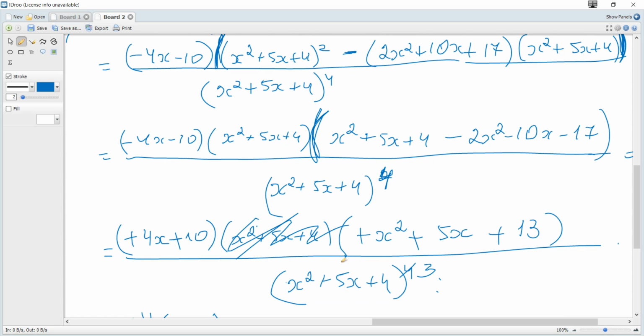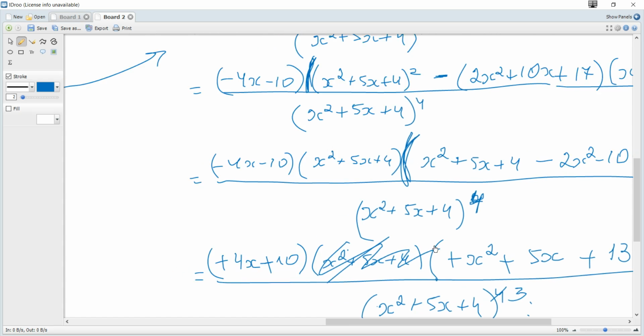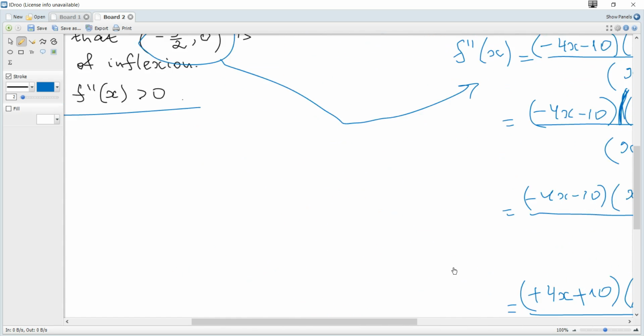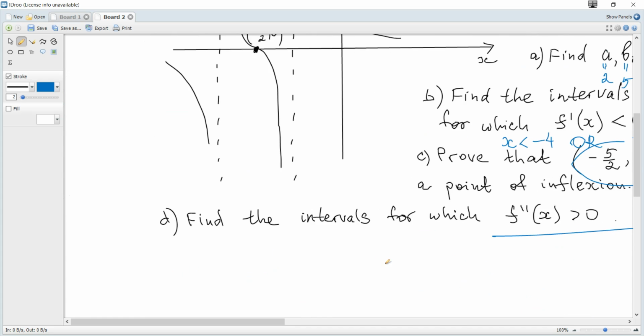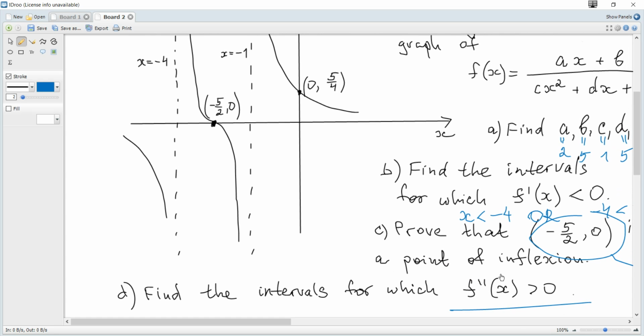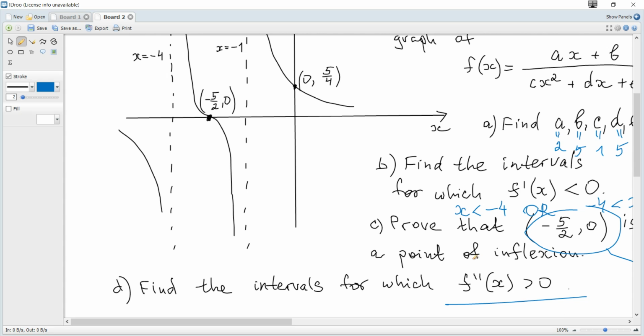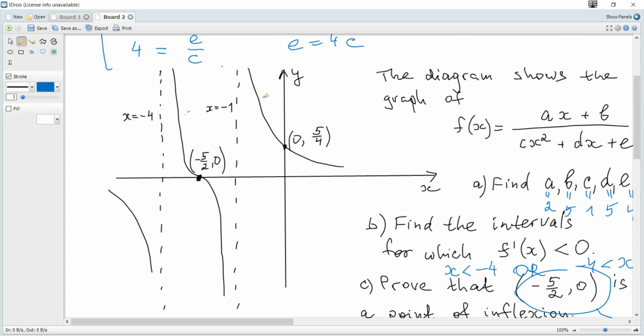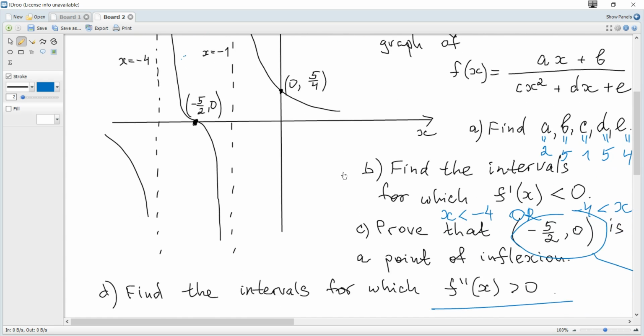Or if a question is with a calculator, you may use a calculator, but here we can give the answer directly from the graph, because we know that if the second derivative is positive, it implies the function is concave up. Here it's concave down, and it's concave up, and also this part is also concave up.